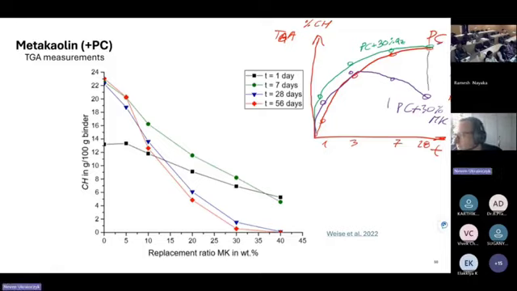I'm here. This difference here, this is the pozzolanic reaction. And you can see this difference is different here than here, if you would have Portland cement without the filler effect.